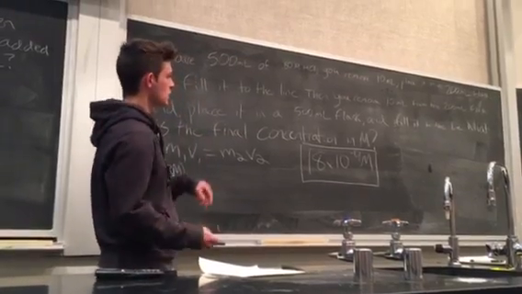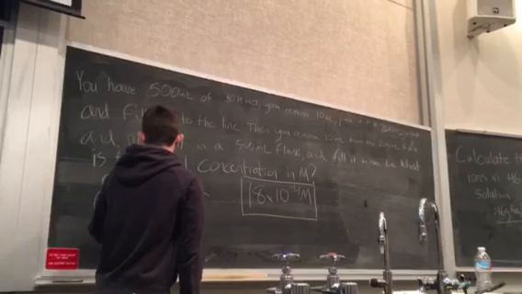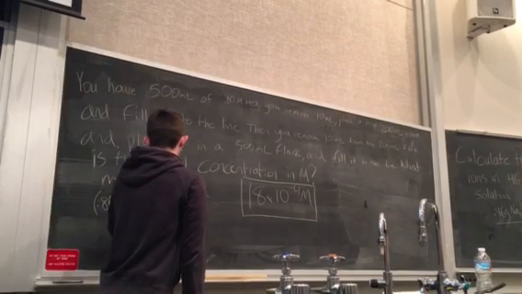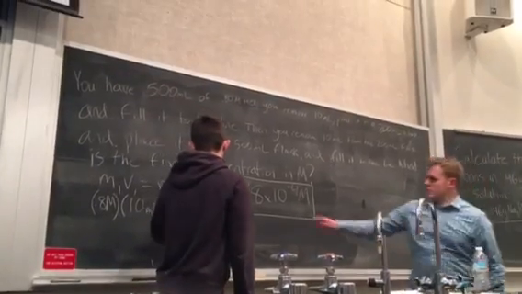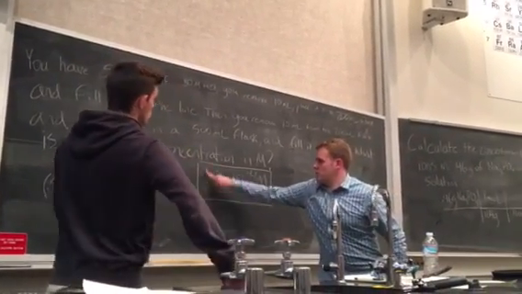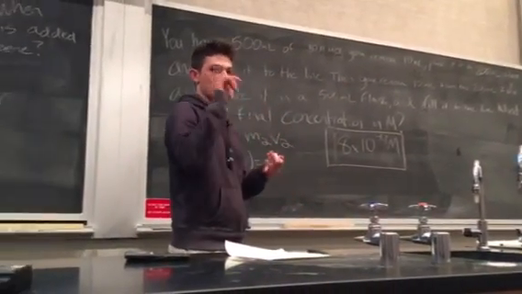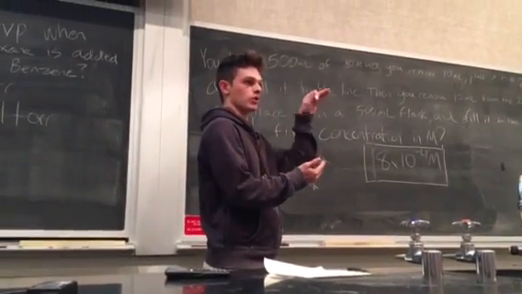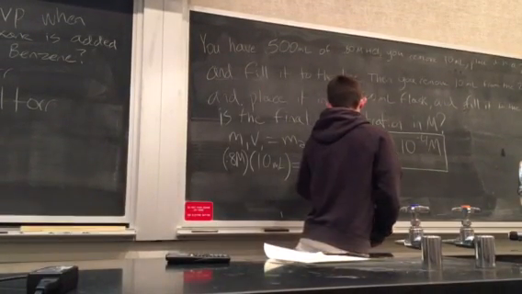Your V1 is going to be the amount that you removed into a different flask, so that would be your 10 mils. Your M2, you're going to have to solve for, so that's your variable. Your V2 would be your 200 mils. And that's because, like he asked, when you're calculating molarities, you look at the volume of solution, not the solvent. So that would be your 200 mils.